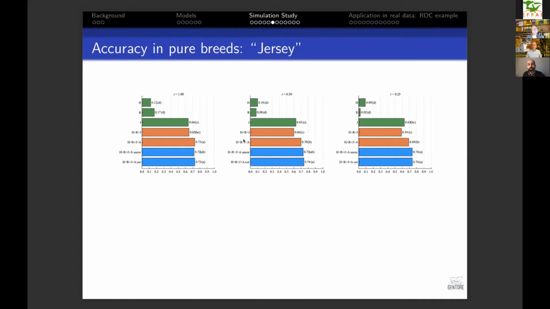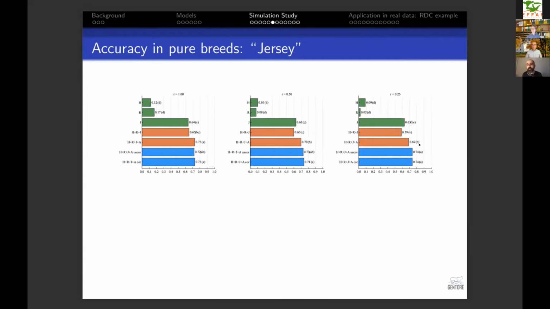But when we add data from admixed individuals, just as if it is a different breed, a fourth breed, then we get higher accuracies, higher than using all pure breed data, or even higher than using the breed itself. And when we took into account the breed origin of alleles, we further improved the accuracies for this small breed.